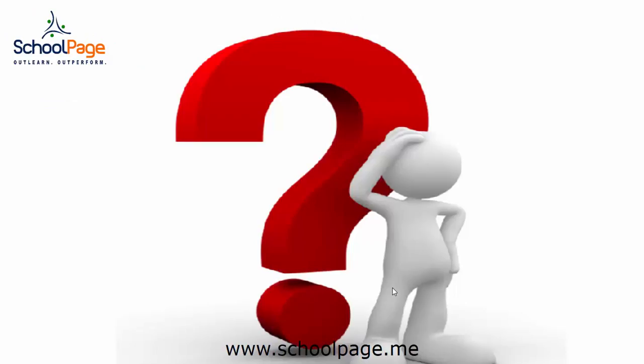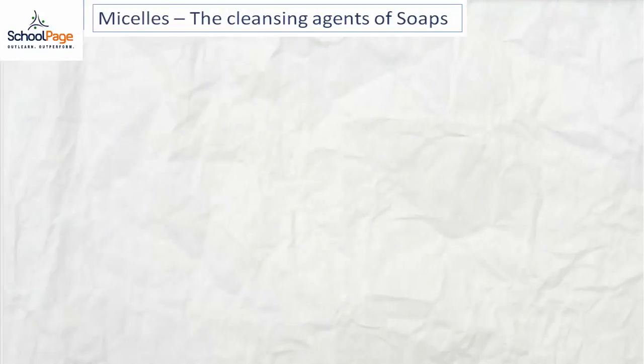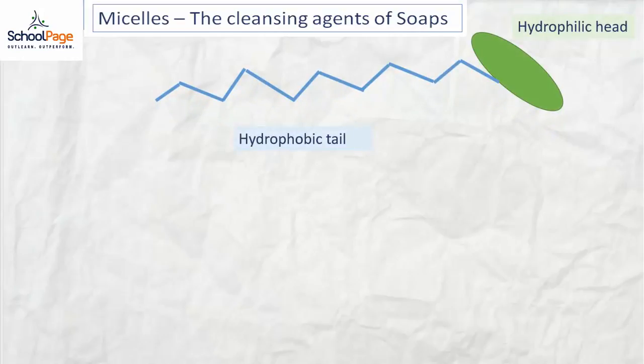So now it's time to understand how soaps and detergents remove dirt. A molecule of soap is made up of two parts, a hydrophilic head and a hydrophobic tail. The hydrophobic tail is a long hydrocarbon part and the hydrophilic head is a short ionic group.